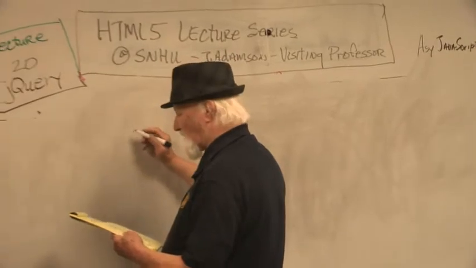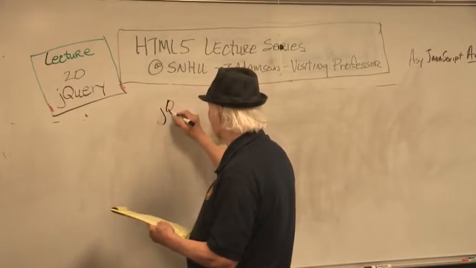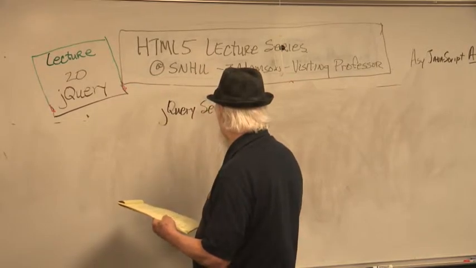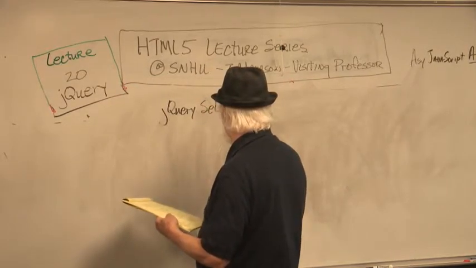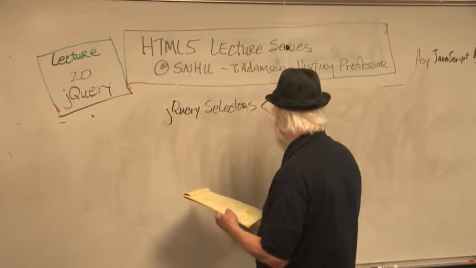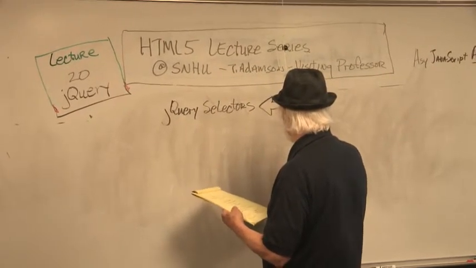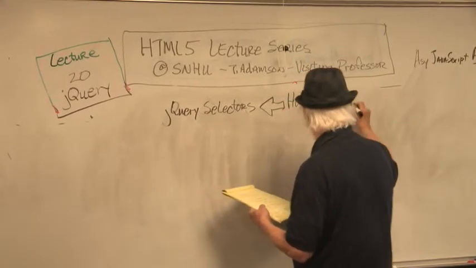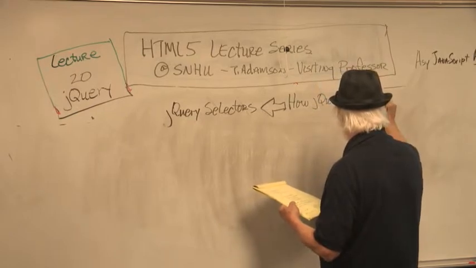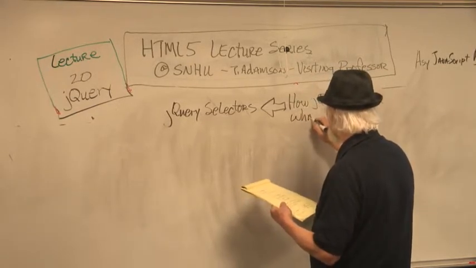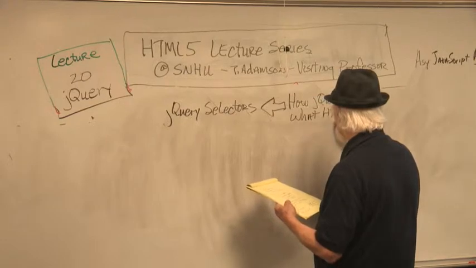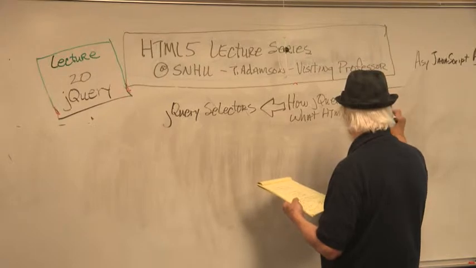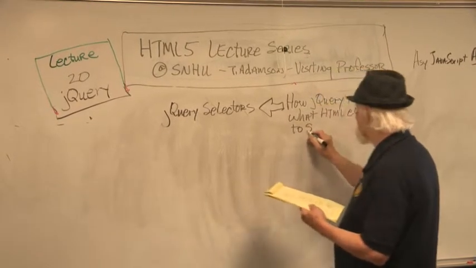The next thing we're going to talk about are jQuery selectors. And these jQuery selectors really means how jQuery knows what HTML elements to select.